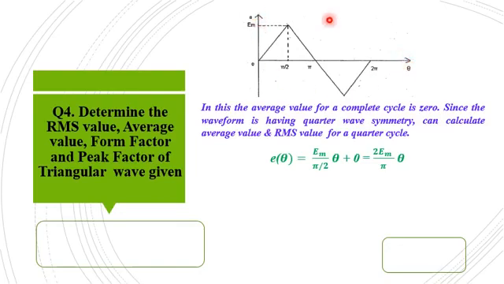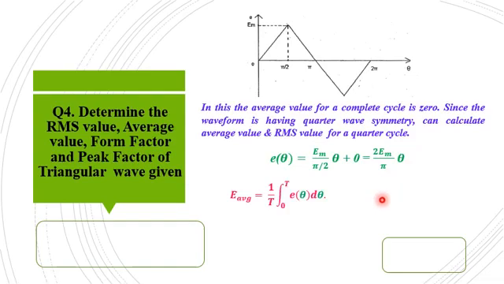M is the slope of the line, opposite side by adjacent side, that is Em by pi by 2, into x, which is theta, plus c. C is the y-intercept. The line passes through the origin, so c is 0. So we get the equation for the waveform as E of theta equal to 2 Em by pi into theta.